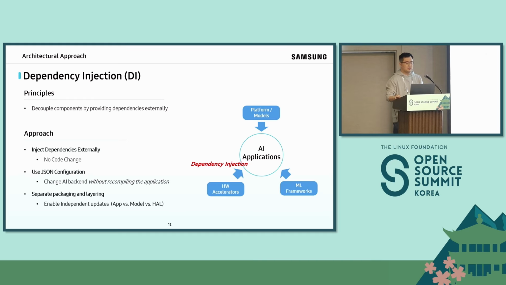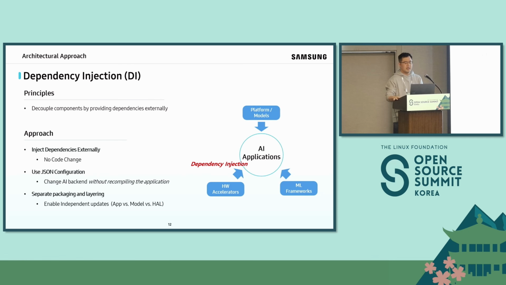This means that we logically separate AI applications from the hardware accelerator, machine learning framework, platform, and model by injecting these dependencies externally. Through this approach, application developers can write their code against a predefined standard interface without being aware of the specific hardware accelerators or machine learning frameworks.